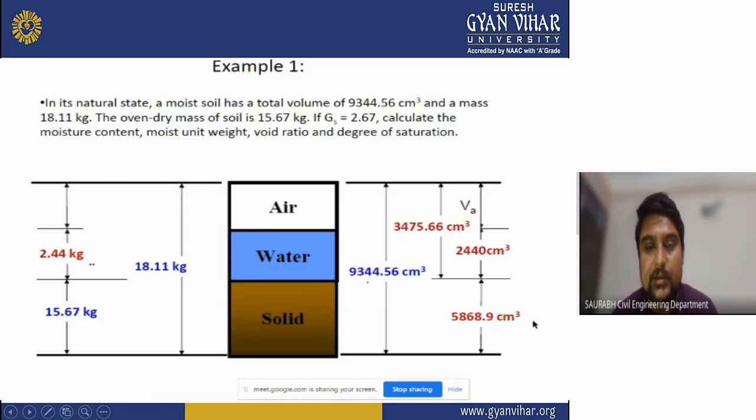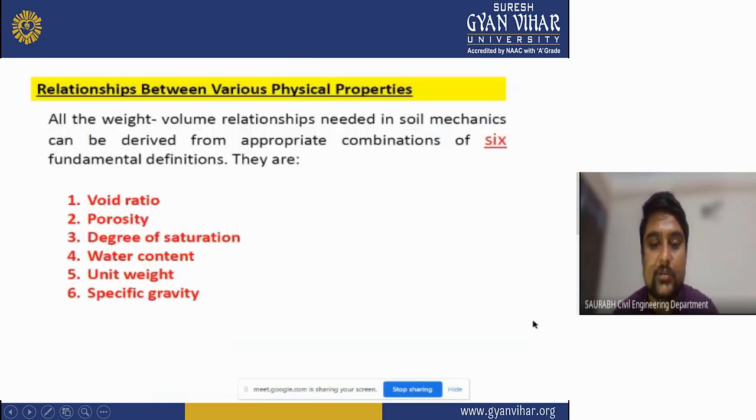If we calculate the total voids, it will become 2,440 cm³, and the volume of air voids is 3,475.66 cm³. So by these things you can easily solve the numerical.